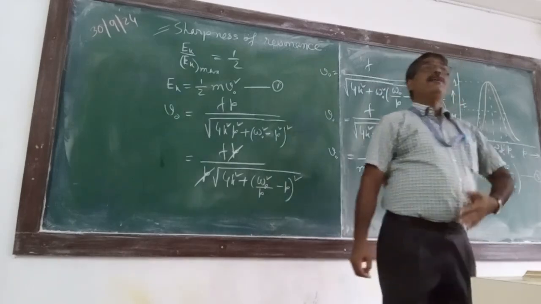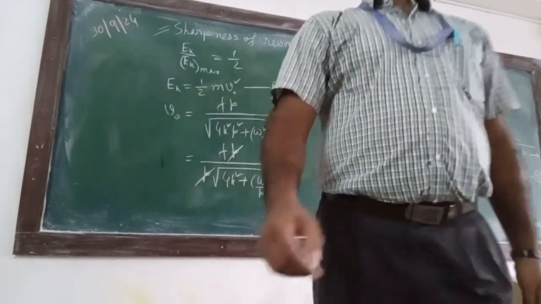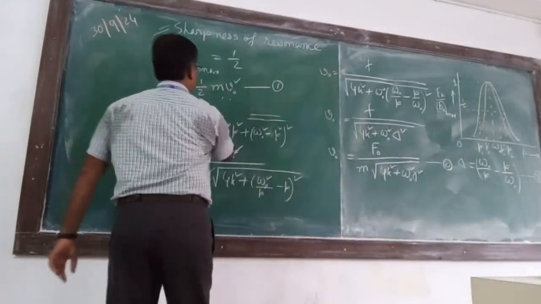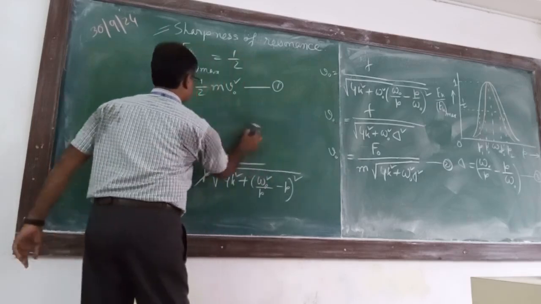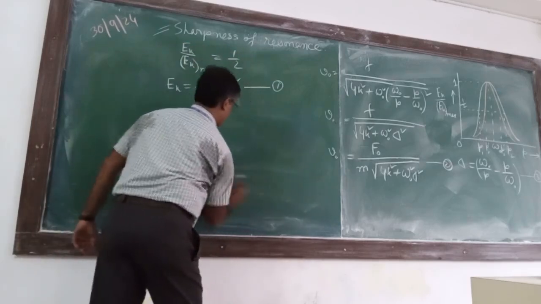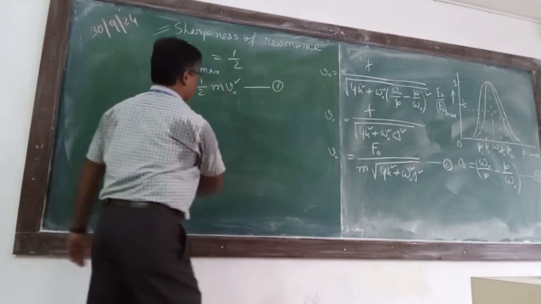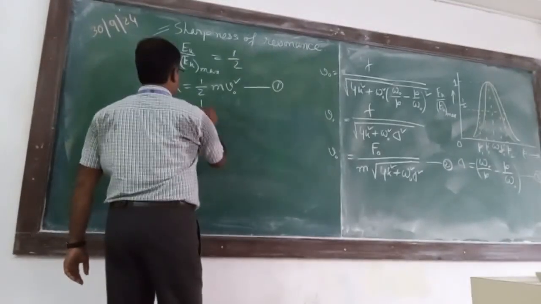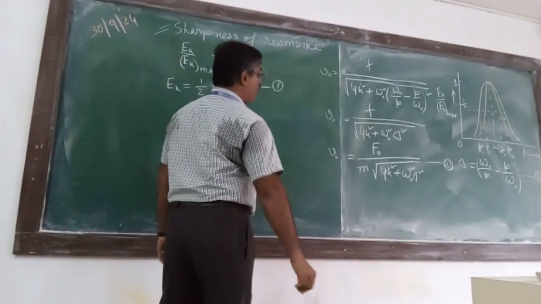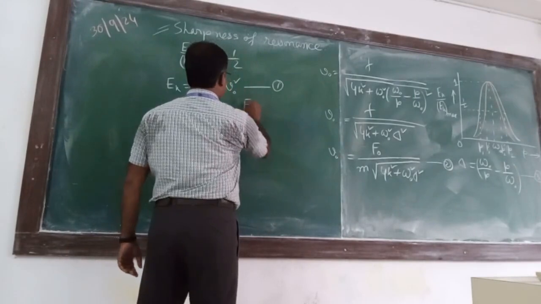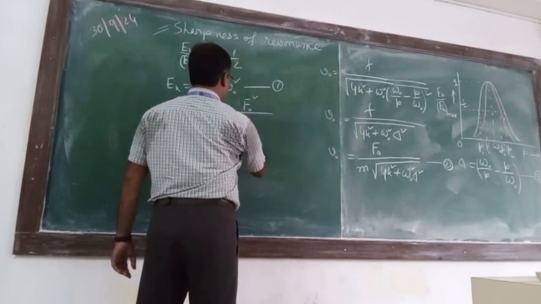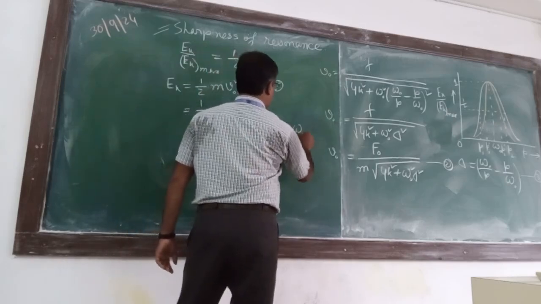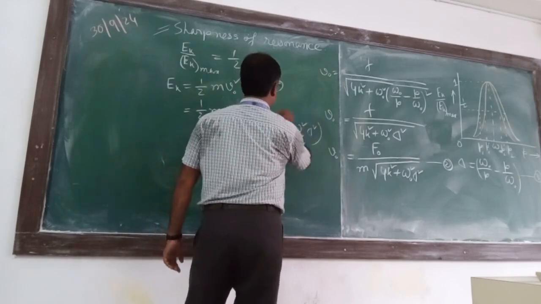Therefore, the kinetic energy becomes, from equation 1, Ek equals to half m V naught square. V naught square means F naught square by m square into 4k square plus omega naught square del square.